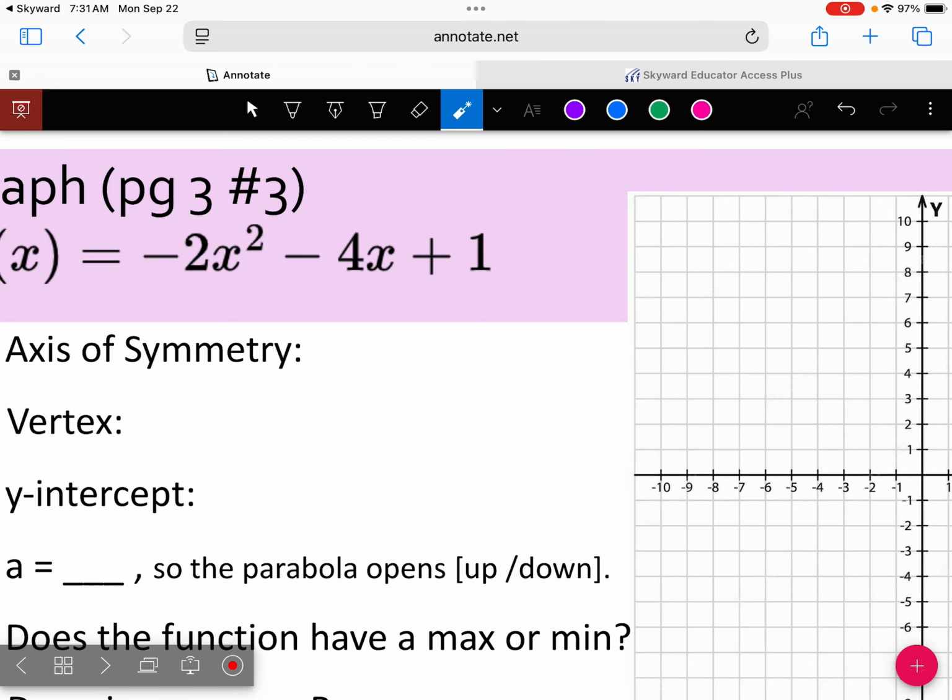You said page 3? Oh, did my page number look different? Page number 3. Can I give you one second? Yeah, I'll give you one second.